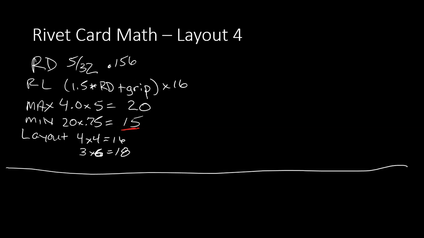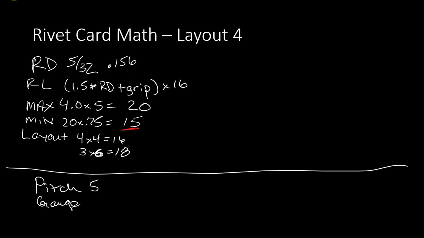Let's see, 3 times 7 is 21. I'd technically go above. 3 by 6 is probably your best bet. The 17 won't do. Well, when you do 3 by 6 and you drop 1 for the stagger, it will be 17. So, okay, that'll work.